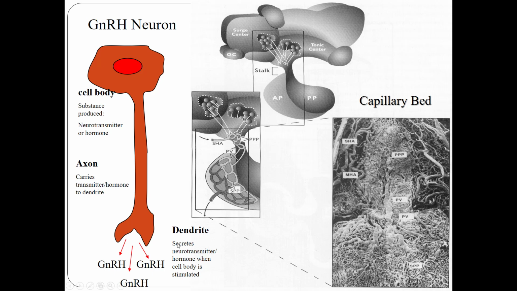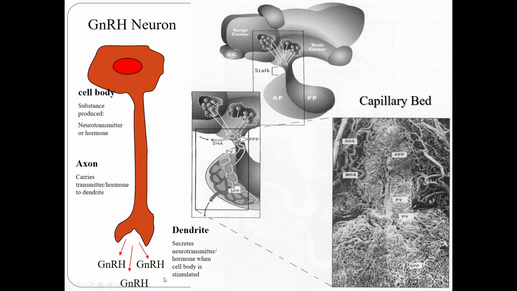In the case of GnRH, the GnRH neuron is placed in the hypothalamus, and the GnRH hormone will be secreted as a neurotransmitter into the bloodstream and be shuttled to the anterior pituitary.